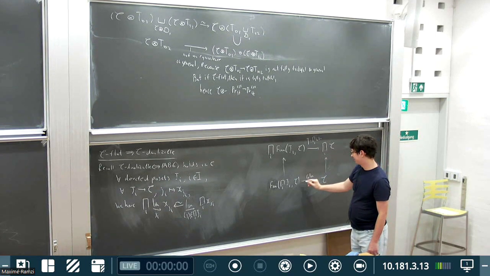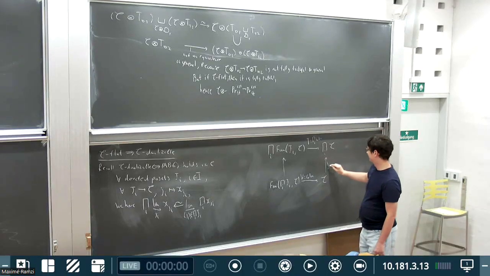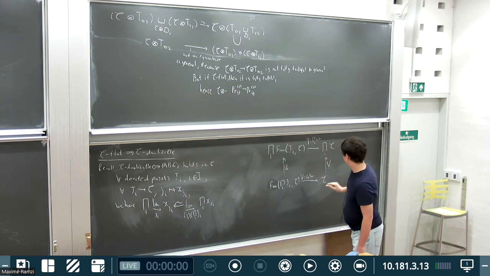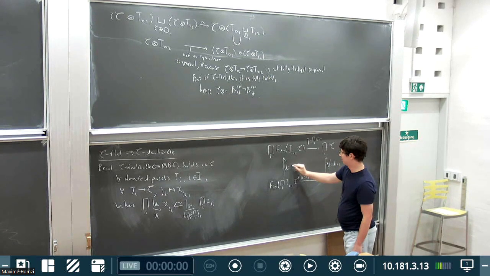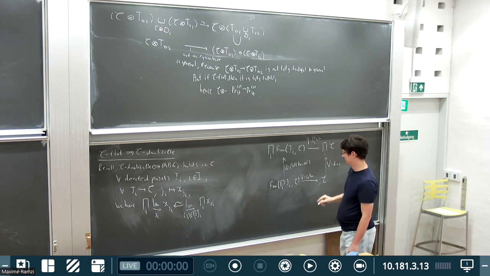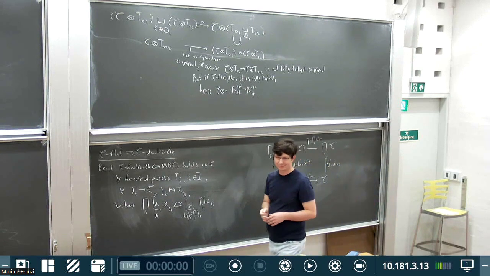Let's use some notation. This will be W, and let's say U. So this is just the diagonal, and this is the collection of left-hand extensions, like fiber-wise.